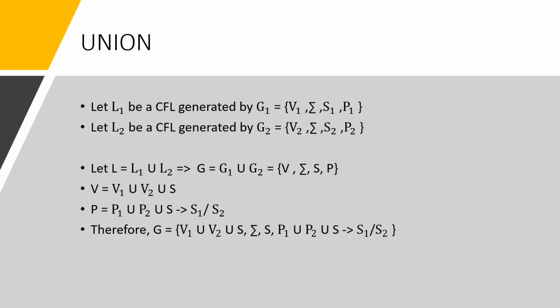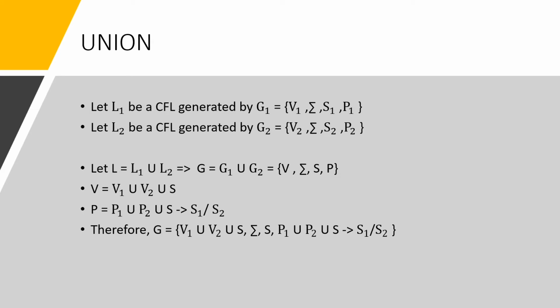Union. Let L1 be a context-free language generated by grammar G1, where G1 equal to (V1, sigma, S1, P1), and let L2 be a context-free language generated by grammar G2, where G2 is denoted as (V2, sigma, S2, P2).